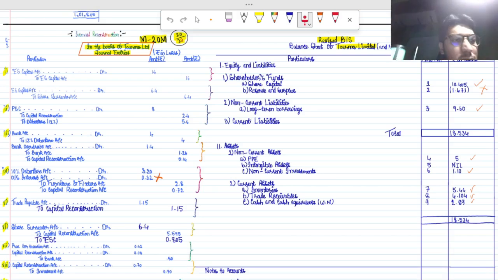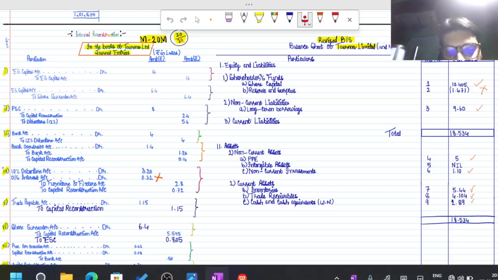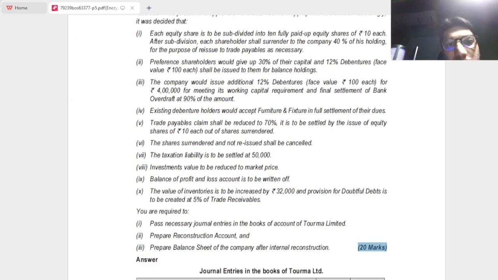The first entry is equity share capital account debit to equity share capital 16 lakh, and equity share capital account debit to share surrender 6.4 lakh. So there was a subdivision.